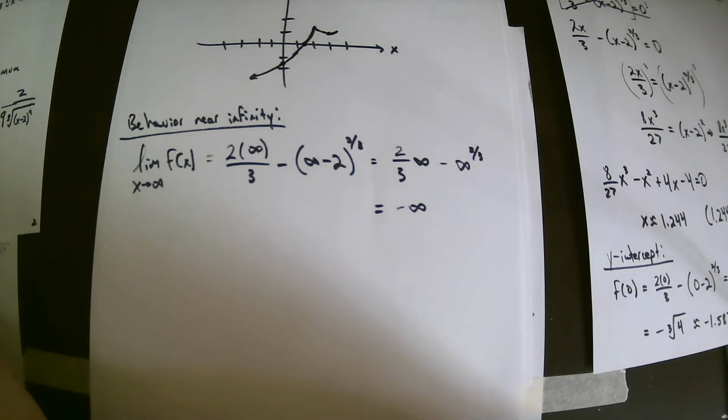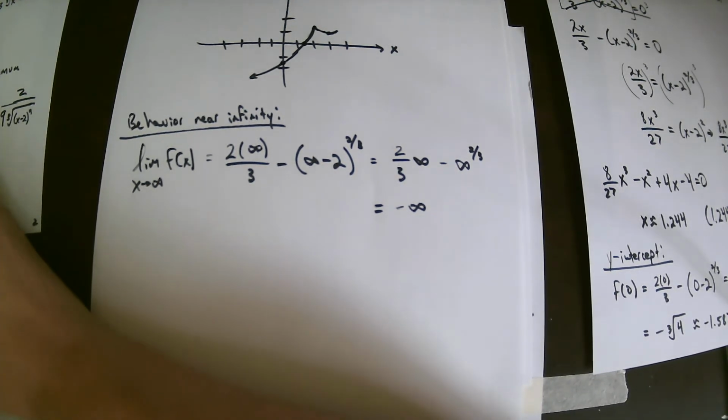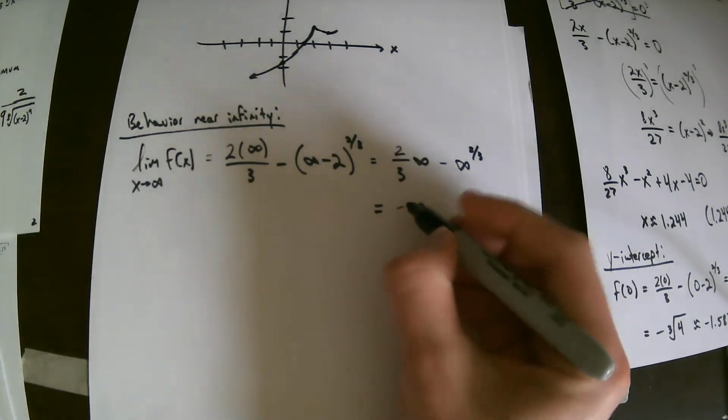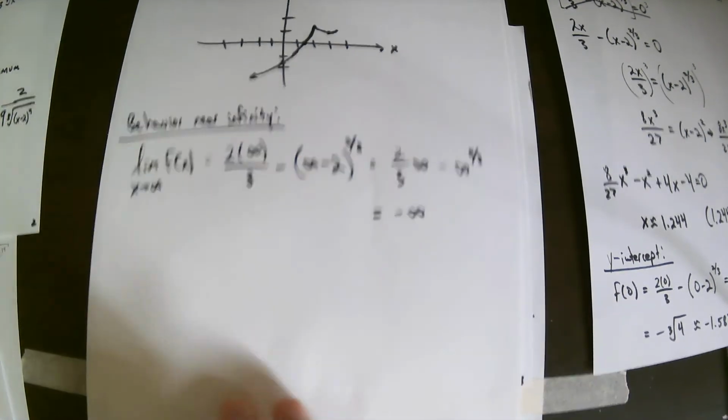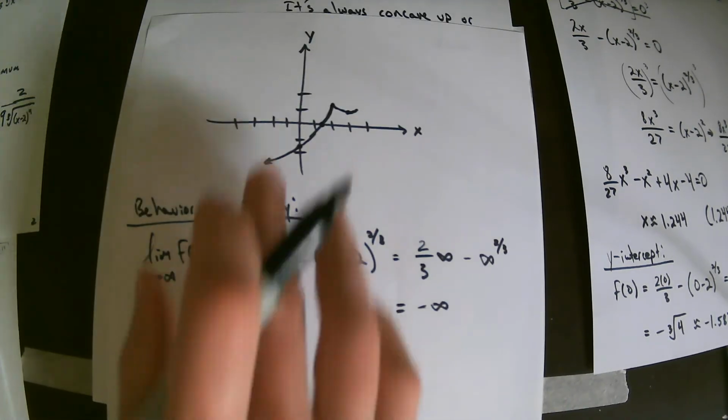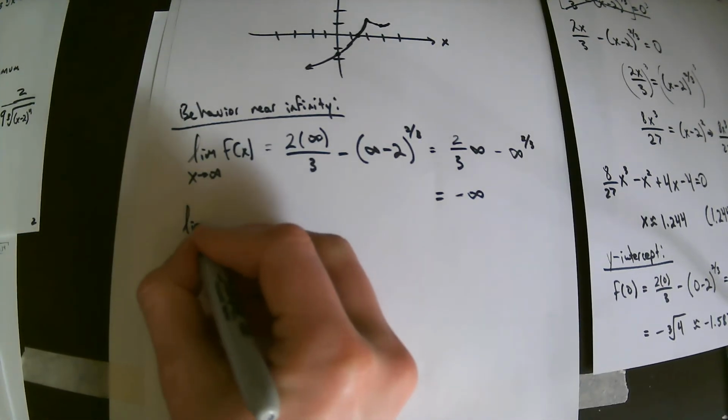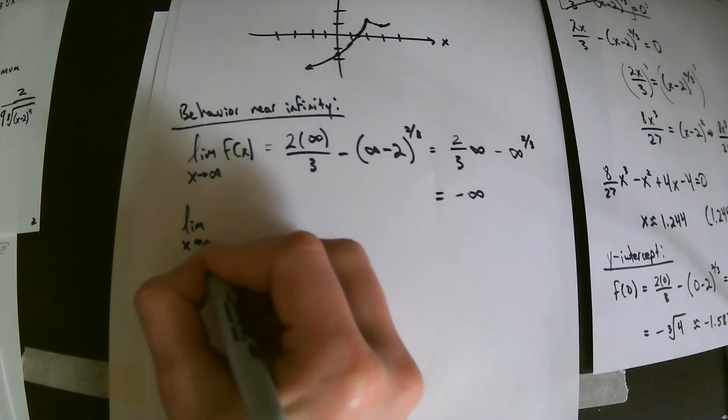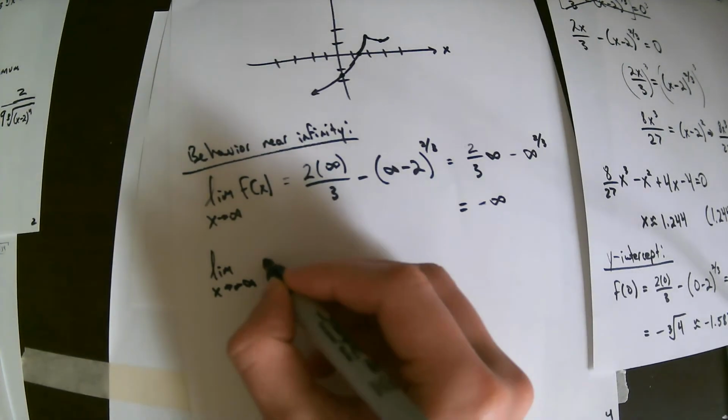No, not L'Hopital's rule, sorry, but it is in indeterminate form, so we would need to do some algebraic manipulation to this function to really get down to this answer. But based off of our previous data, we know that it's going off towards negative infinity.